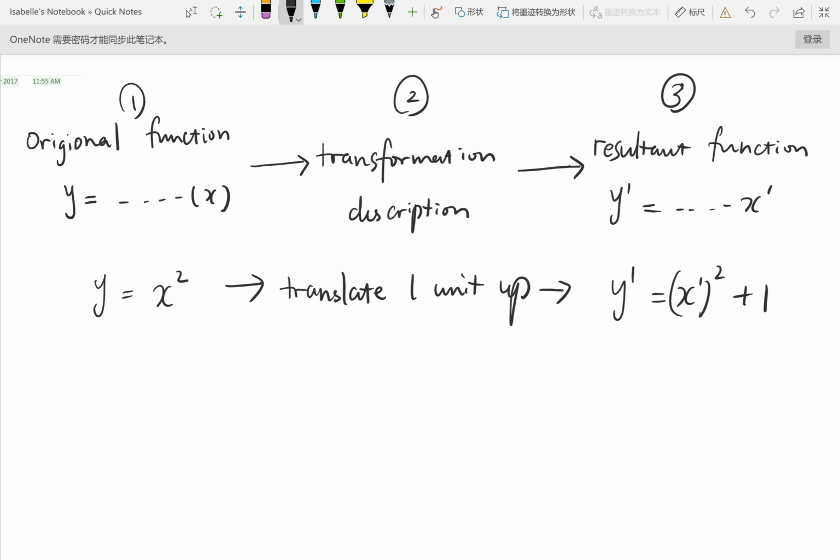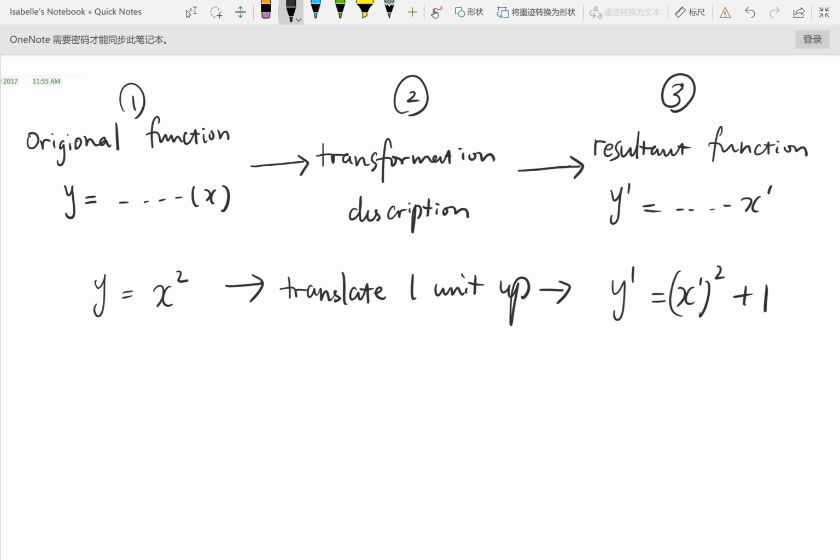For example, I can tell you there's an original function y equals x squared, and after transformation of 1 unit to the right, tell me what's the resultant function. Or I can give you the original function y equals x squared, and the resultant one is y equals x squared plus 1. Tell me what's happened in between. You need to answer, oh, there's a translation of 1 unit up.